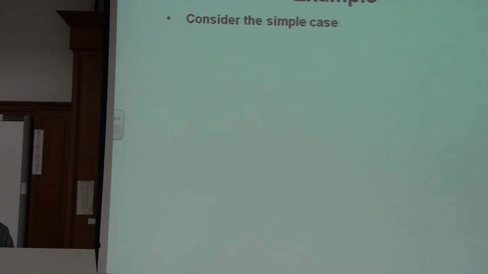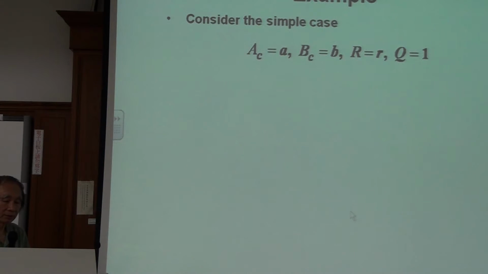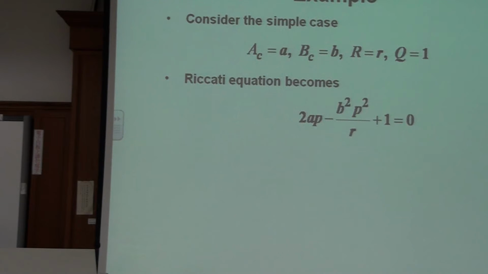All right, example. Now look at this example. That's the example I showed you about 2 hours ago. If you look at this, then we start with the Riccati equation. Then we got this, which is exactly the same as you got earlier.